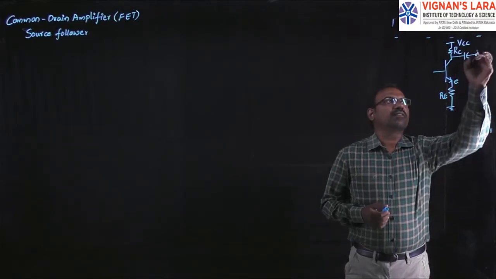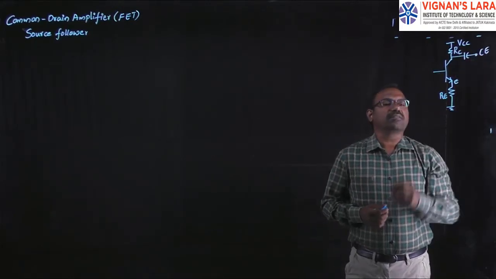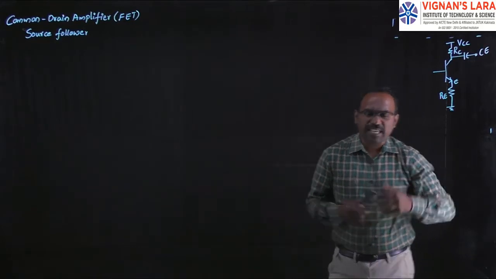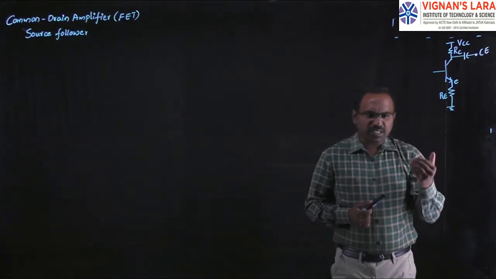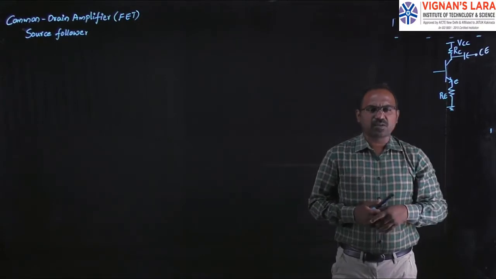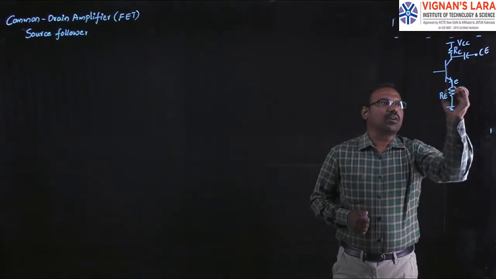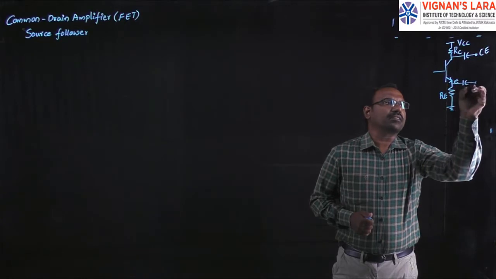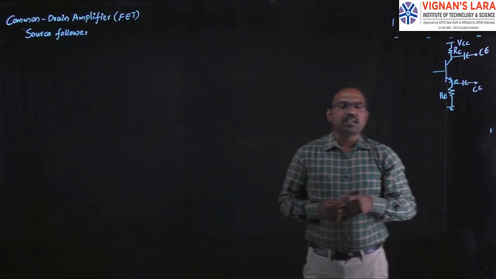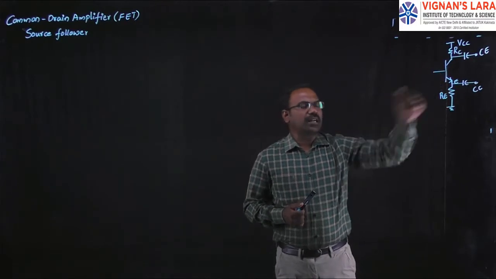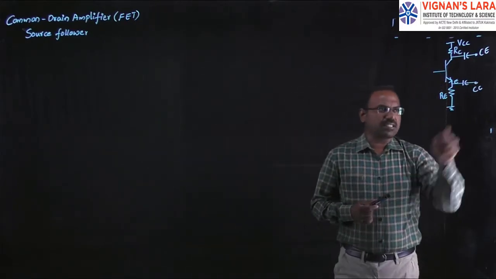This is a CE amplifier. But the same circuit is used for common collector also, but the output is taken across the emitter. That is the only difference between common emitter amplifier and common collector. The only difference is in taking the output.